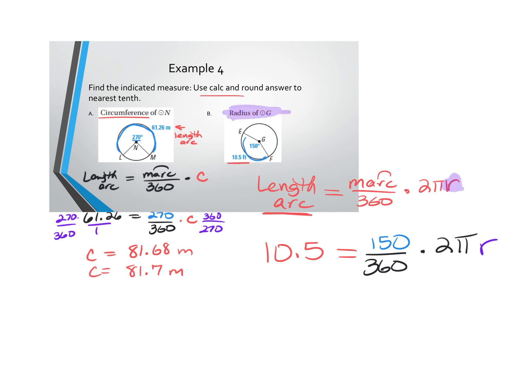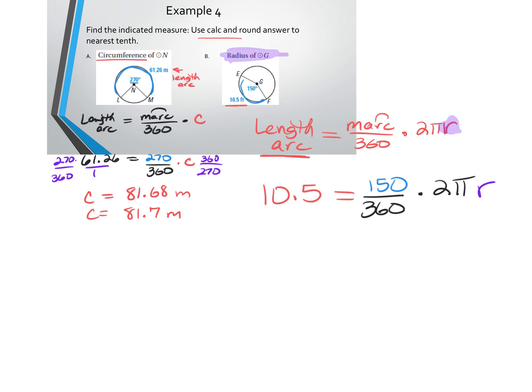Now, I'm going to do this one in terms of pi and also using my calculator, even though the instructions said to use your calculator. So again, what I can do here is simplify the zeros. I can also simplify 15 over 36. I can divide them both by 3. So then I'm left with 10.5 is equal to 5 over 12.